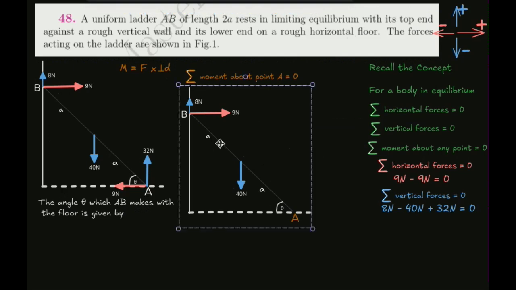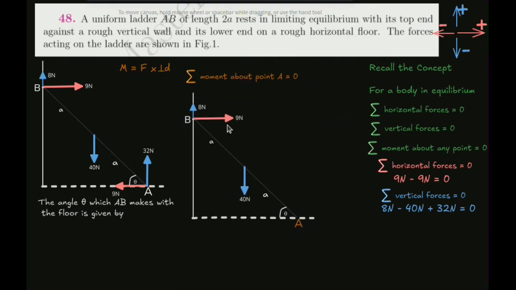Okay, let us start with this 8 Newton force. Let us see its line of action. We draw its line of action. Okay, so this is the line of action of this 8 Newton force.